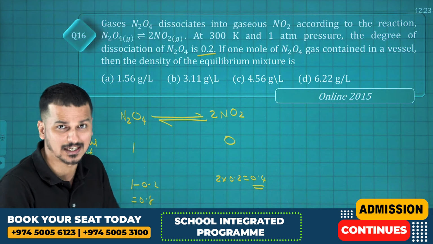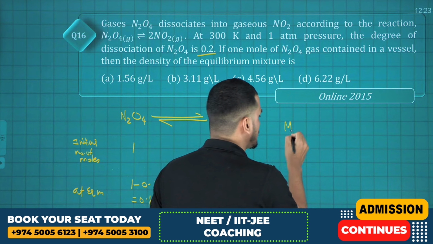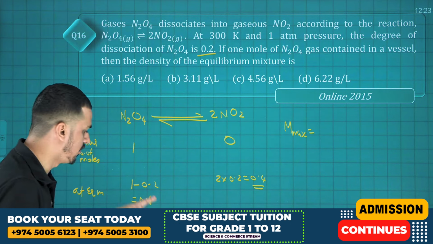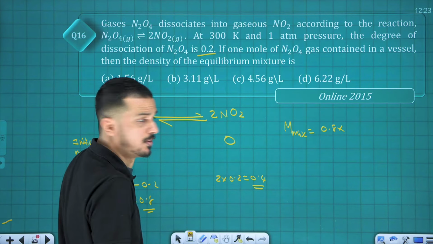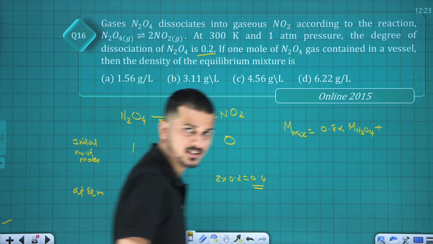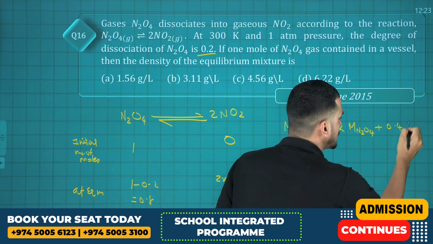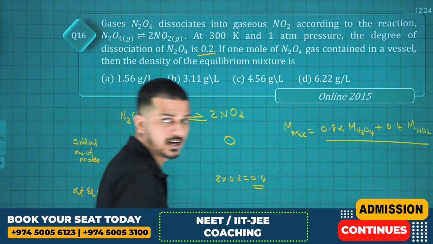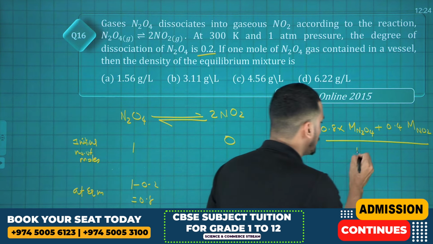Whenever we have to find the density, we need the total mass of the mixture. So the molar mass of the mixture is equal to its mole fraction, 0.8, into the molar mass of N2O4, plus its mole fraction, 0.4, into the molar mass of NO2, divided by the total, 0.8 plus 0.4, that is 1.2.